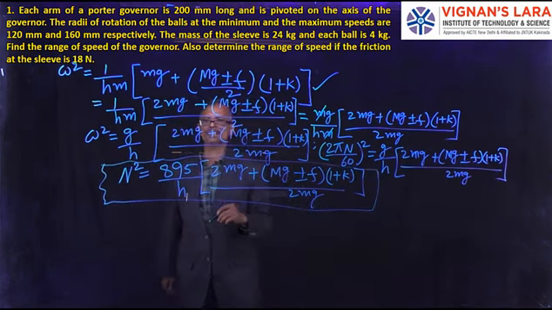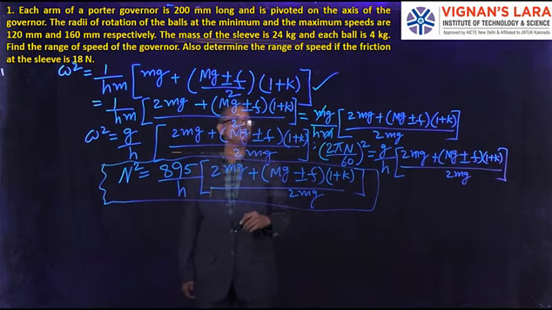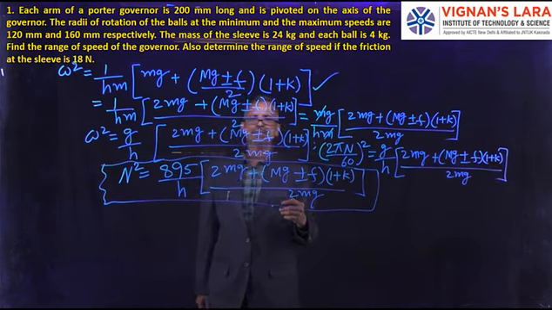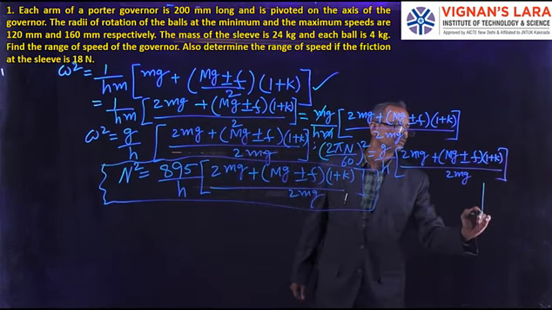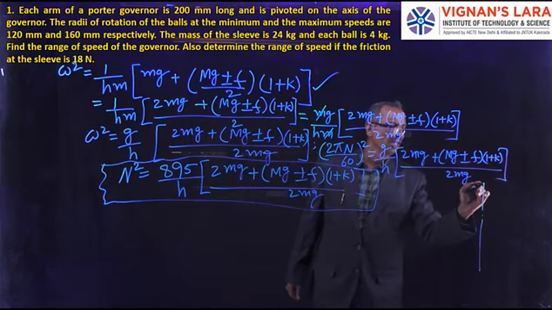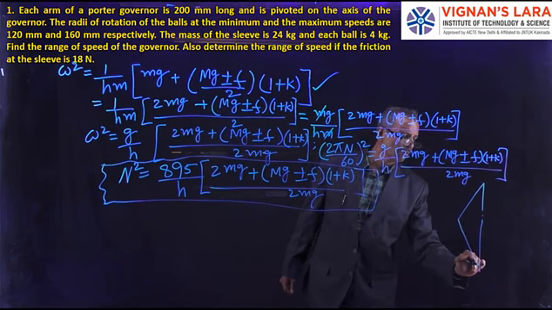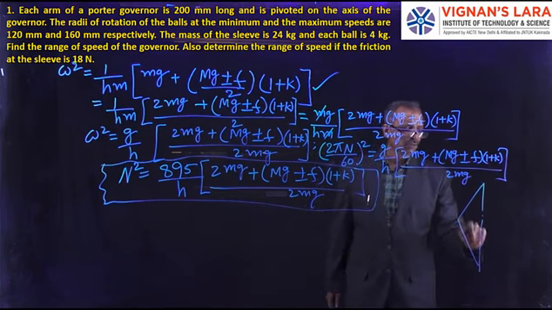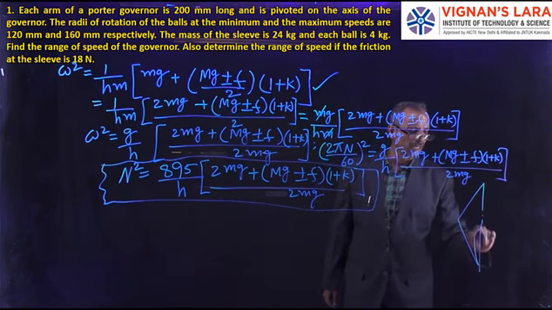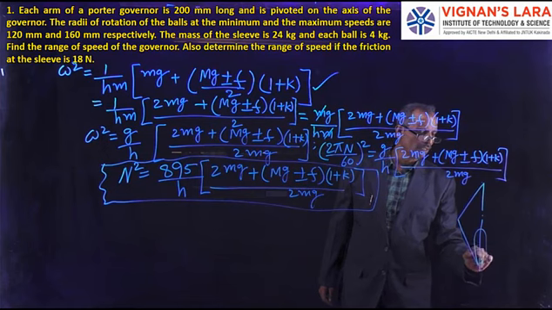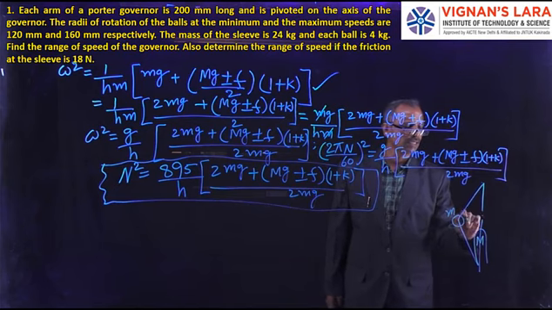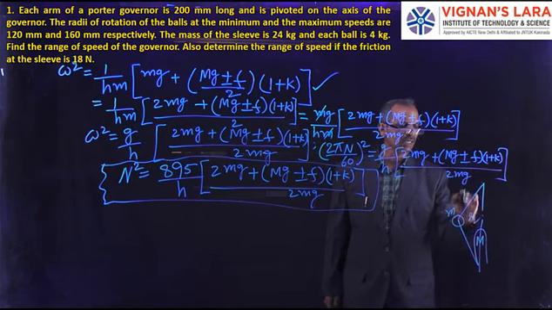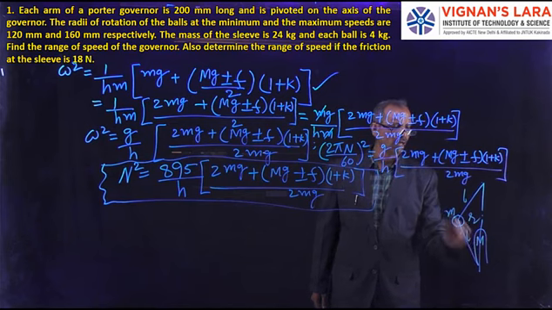So in the present case, both the upper arm and lower arm are connected to the sleeve, and here you have your mass M, and here M, and this is R. This is the link L, R, same.